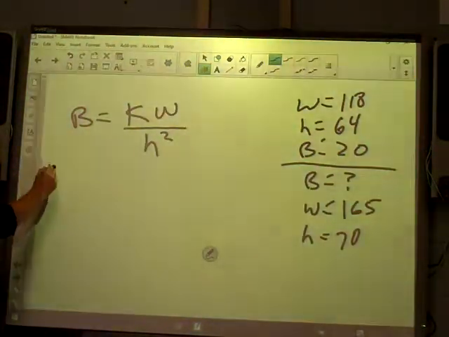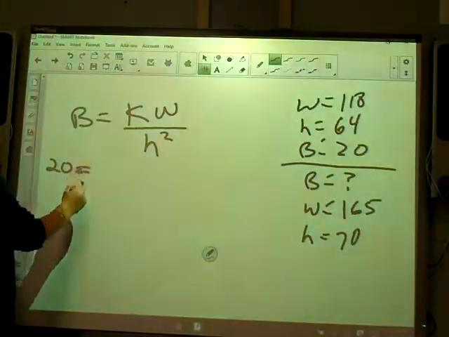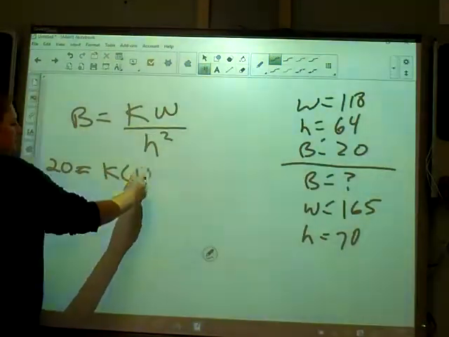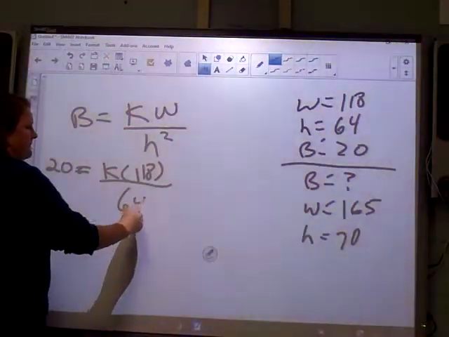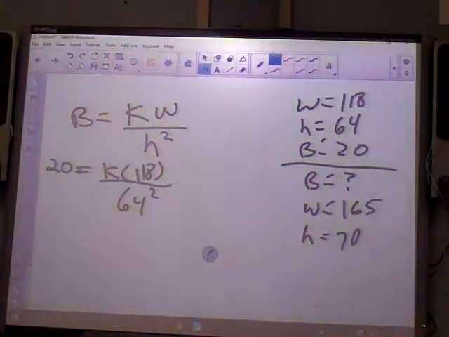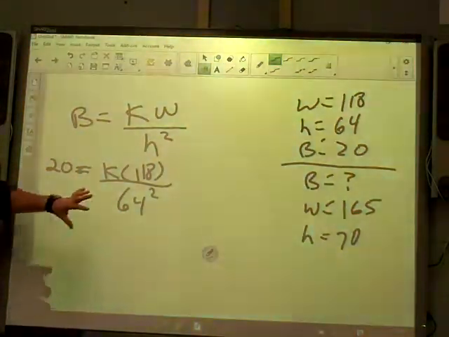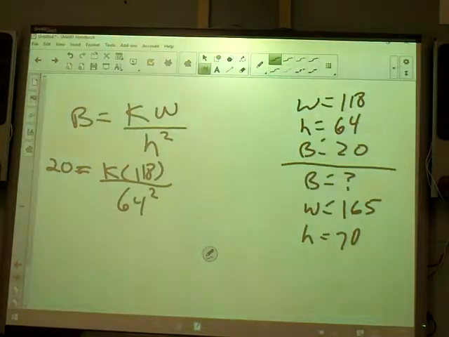We got 20 equals K times 118 divided by 64 squared. Now, if I were you solving this, I would go in pieces. I would get rid of the 64 squared that it's being divided by first.